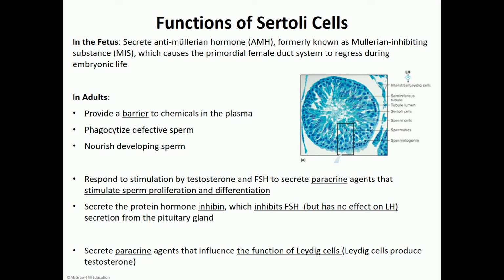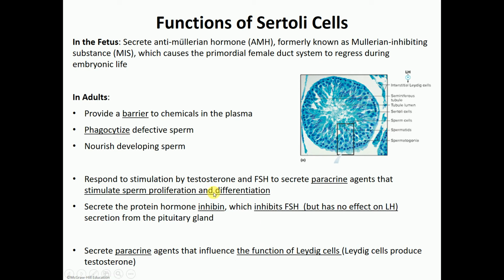Sertoli cells do respond to FSH, so they're stimulated by FSH. They're also stimulated by testosterone made by the Leydig cells. Sertoli cells are going to produce their own paracrine hormones in order to stimulate the process of spermatogenesis.